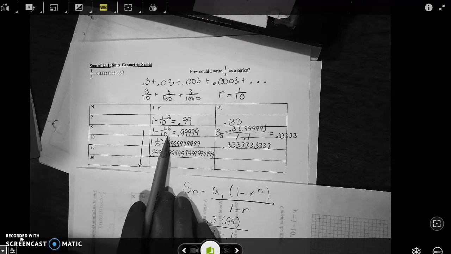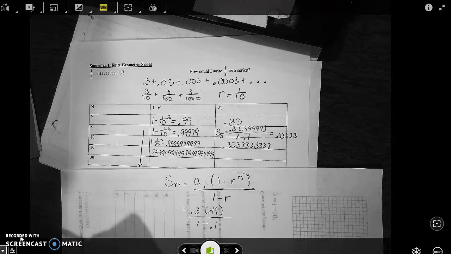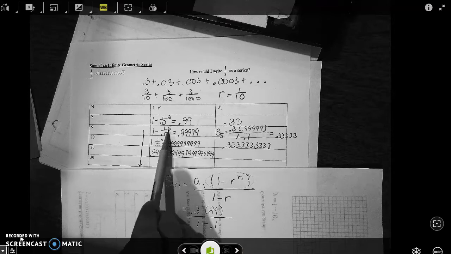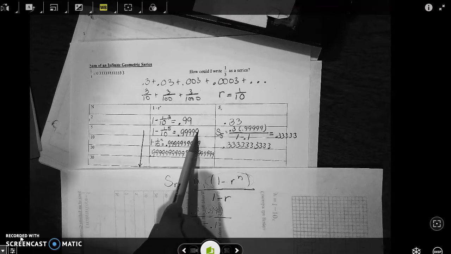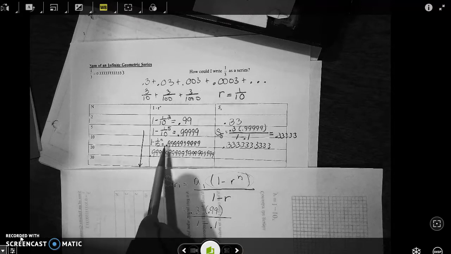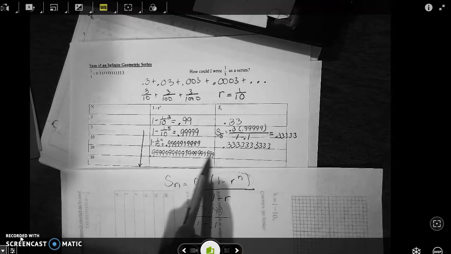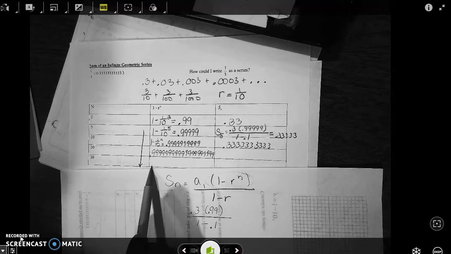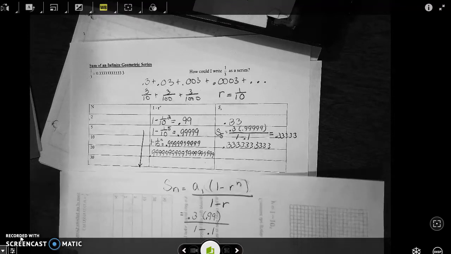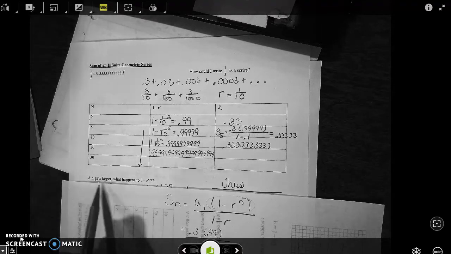What we see happening is really examining this 1 minus r to the n part of our formula. 1 minus 1/10 to the 5th was 0.99999, it had 5 nines. 1 minus 1/10 to the 10 was 0.99 with 10 nines. For 20 it has 20 nines, and for 30 you have 30 nines. Hopefully what you're seeing is how we would answer this next part.